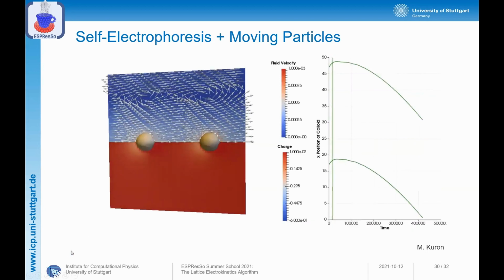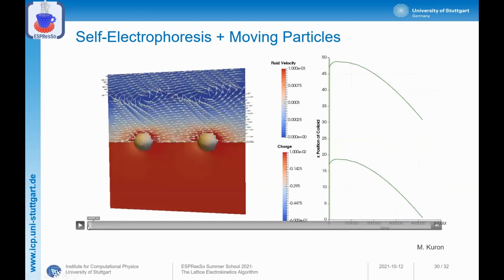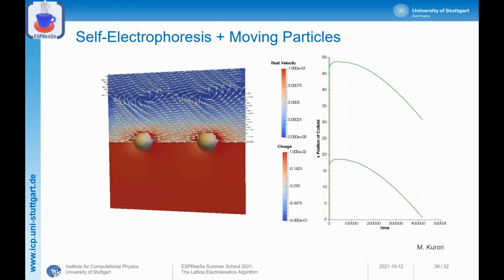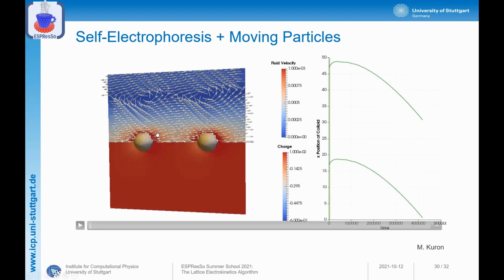But first, let me explain what you're going to see. So we have two particles in this case, and at first those particles don't see each other. So at first both of those particles will move to the right as they're supposed to due to the self-electrophoresis.